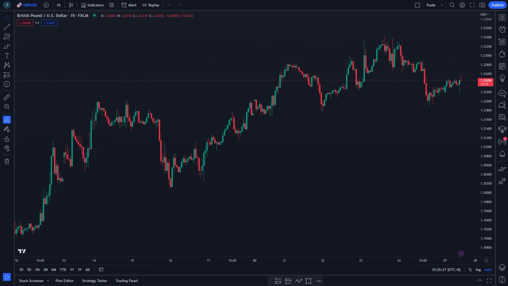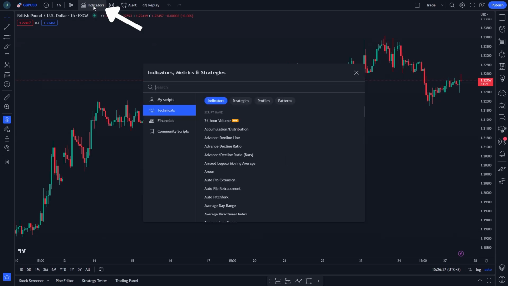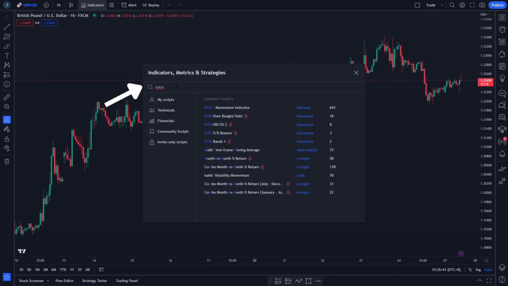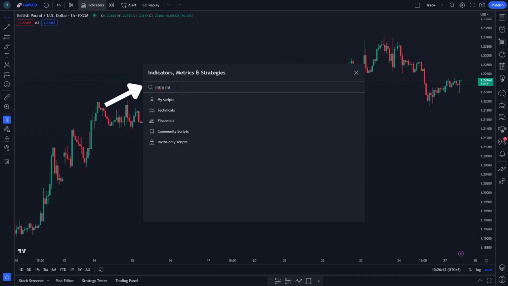You can go to the indicator menu at the top, search MTM Momentum indicator, and click on it.